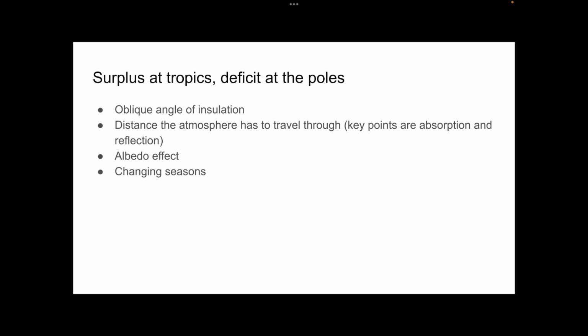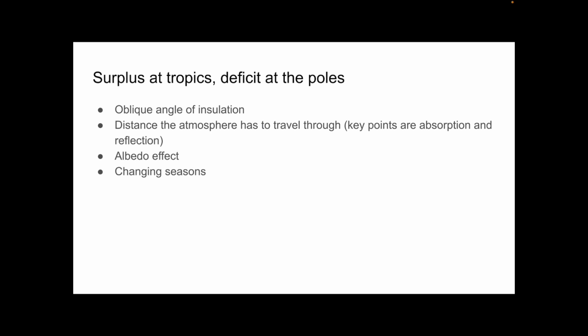Now the final one is our change in seasons, which some people do tend to find the trickiest, but I think the best way to approach it is just to talk about how the tilt of the axis means that the sun is higher in the sky between the tropics throughout the year. So the tropics receive insolation all year round, whereas in the poles there's no solar insolation at winter, so they get 24 hours of darkness.